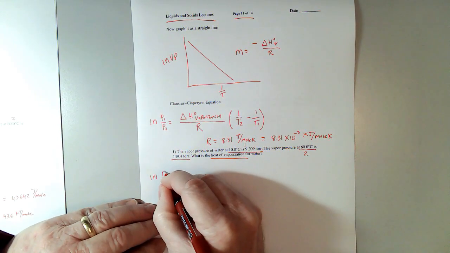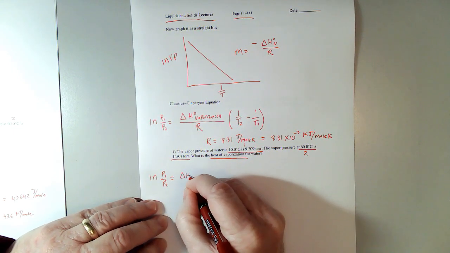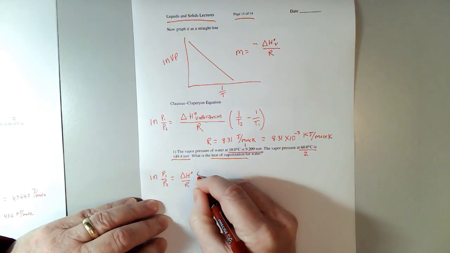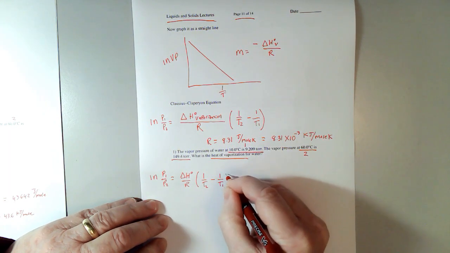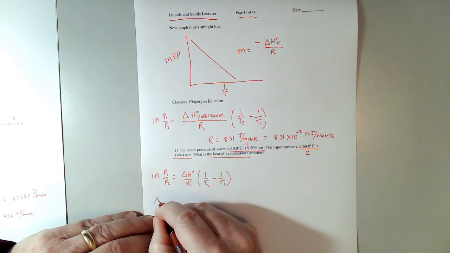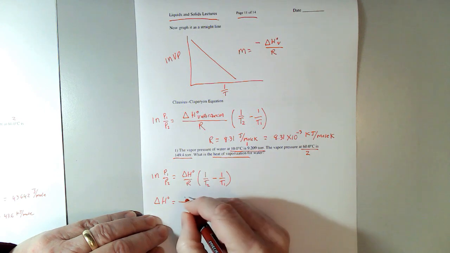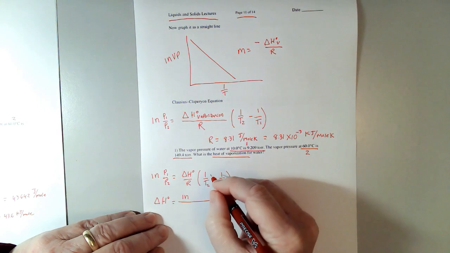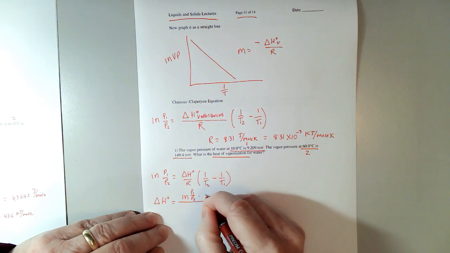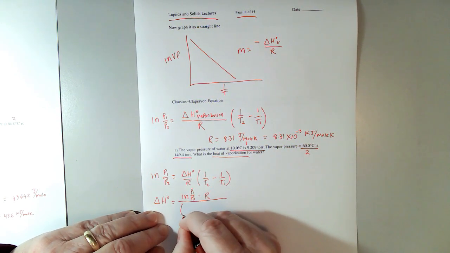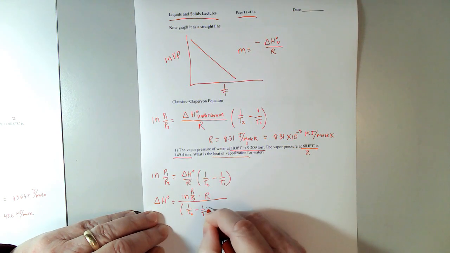So the ln of P1 over P2 equals delta H naught over R times 1 over T2 minus 1 over T1. Isolating delta H, which is what we're interested in, we get the ln of P1 over P2 times R divided by 1 over T2 minus 1 over T1.